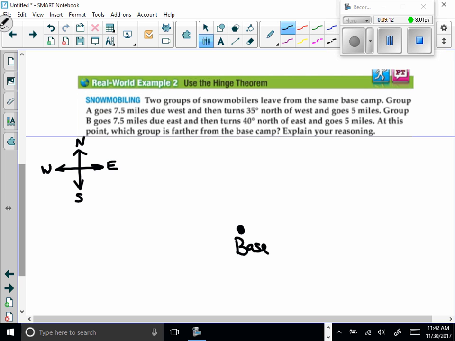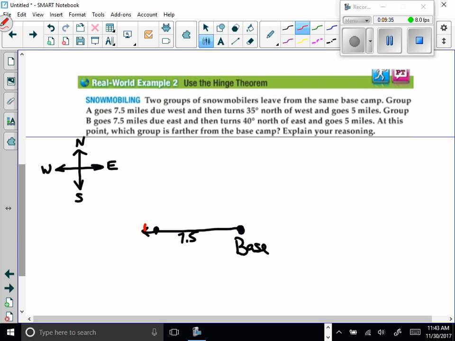So the A group goes west. From the base, I'm going to go left, and I'm going to mark off 7.5 miles because that's how far they went going to the west. And then at that point, they are going to turn 35 degrees.